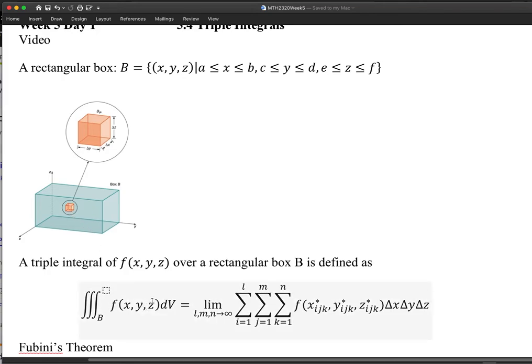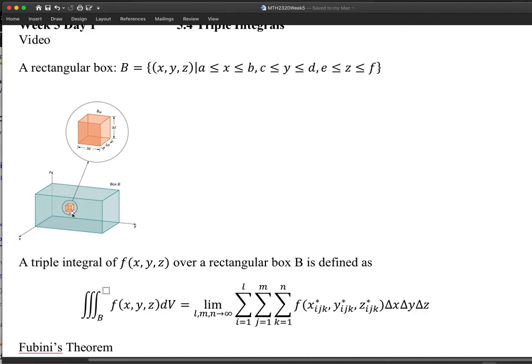So if we multiply this function by a small volume, that will tell us the mass of this little cube, which is a small part of the rectangular box.